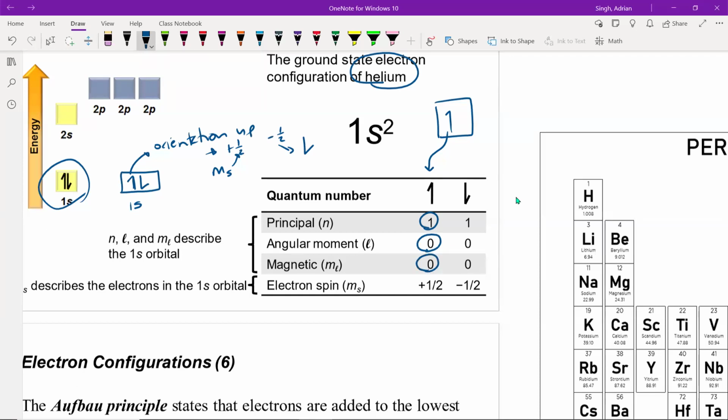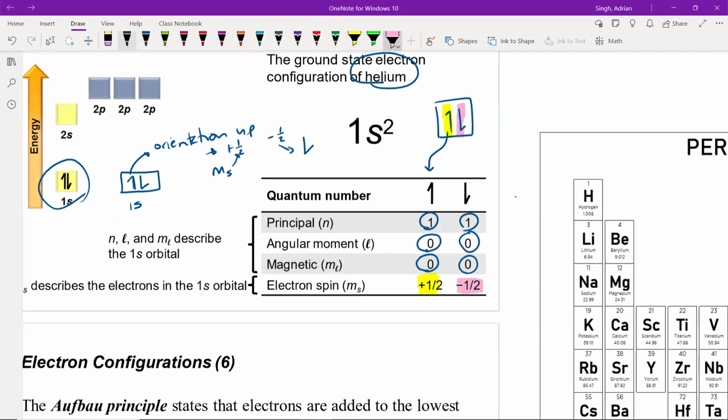Now, if I had another electron pointing downwards, it's in the n equals 1 as well. Its L value is also 0, and its m sub L is also 0. For the electron on the left side, its spin quantum number, m sub s, is positive 1/2. The one on the right side pointing down is negative 1/2.